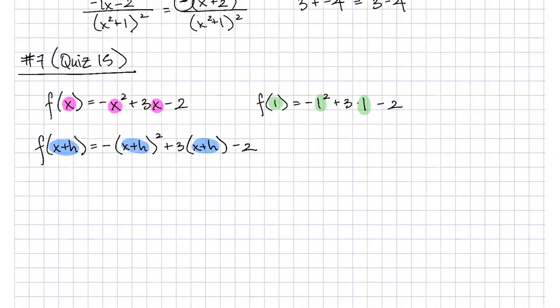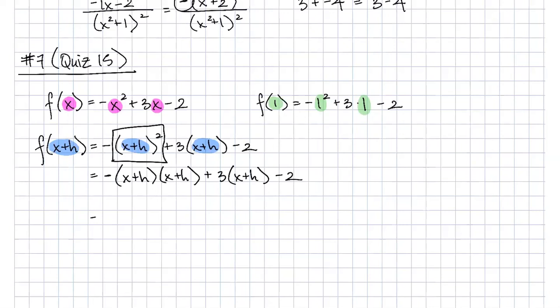Do we distribute, or actually no? We would FOIL before we do anything with the negative, right? Exactly. So we're going to FOIL this part first. And if it's helpful, sometimes I recommend to people that they write it out like x plus h times x plus h, plus 3 times x plus h minus 2.